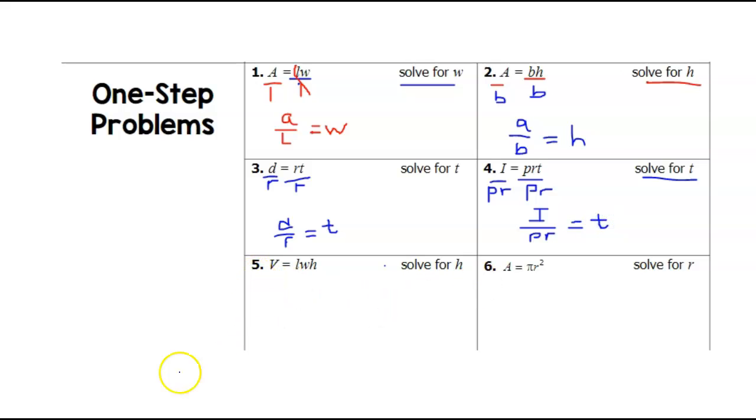I want you to try number 5 by yourself. If I want to solve for H, H has 2 variables, L and W. So I'm going to divide by L and W on both sides. And then this all goes away, and I get V over LW equals H. Look at that.